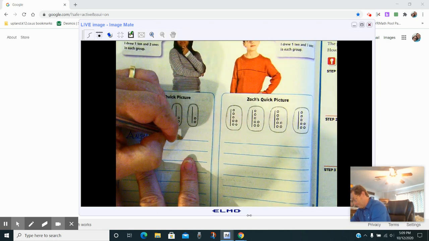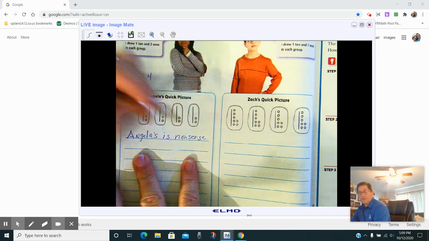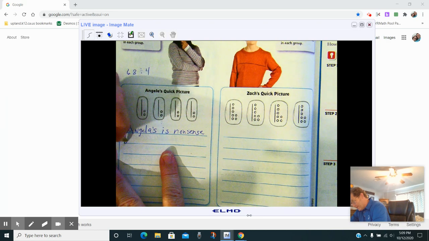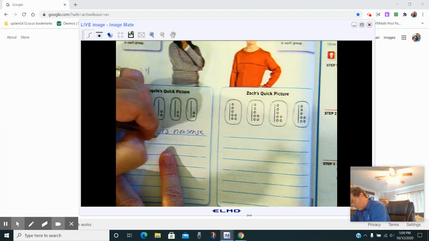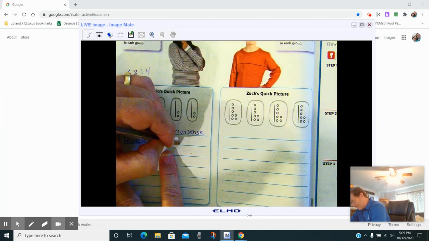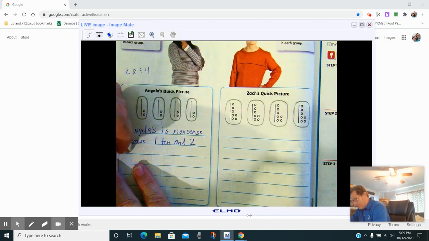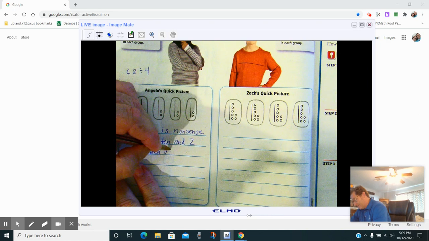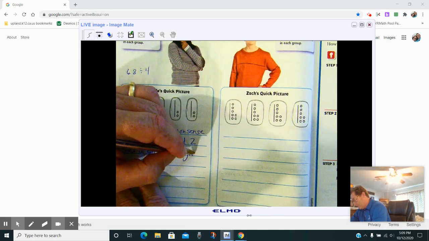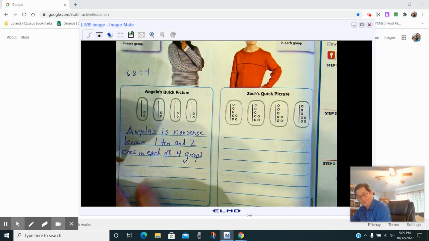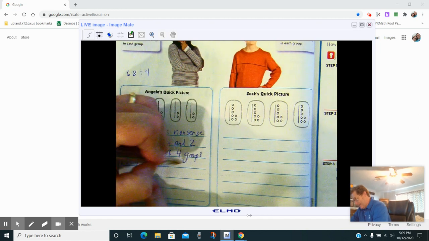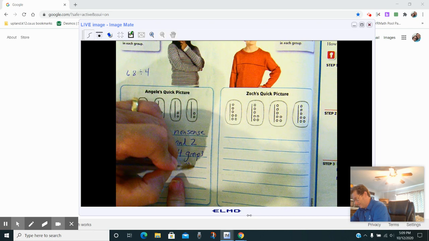Well, because 1 10 and 2 ones in each of 4 groups is 4 10s and 8 ones, or 48, not 68.